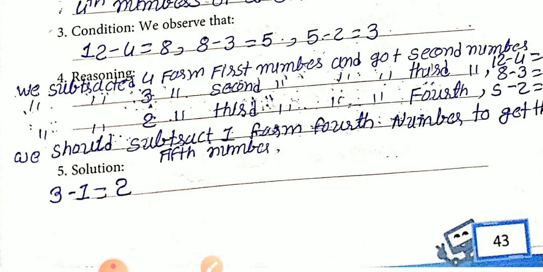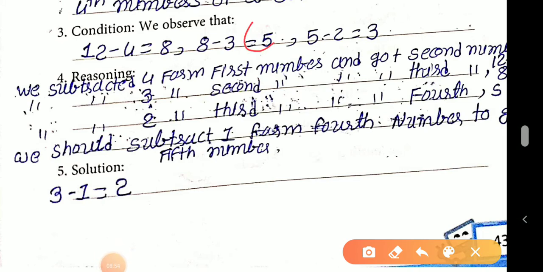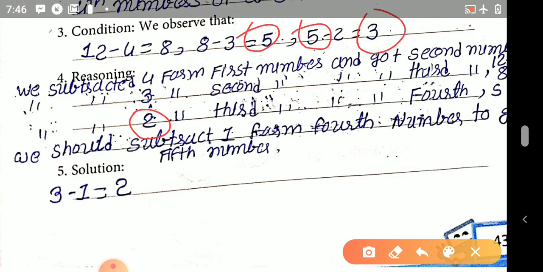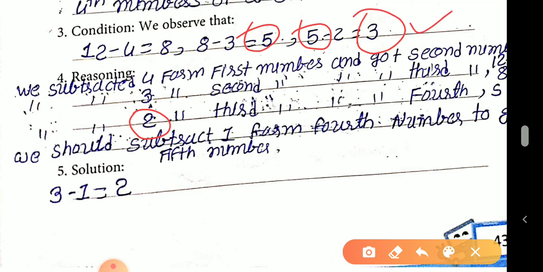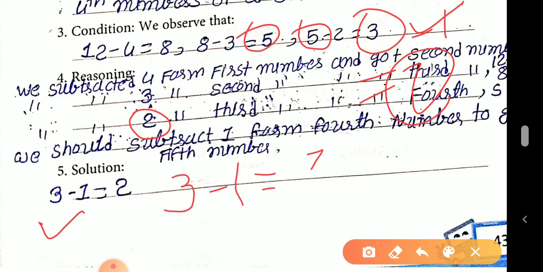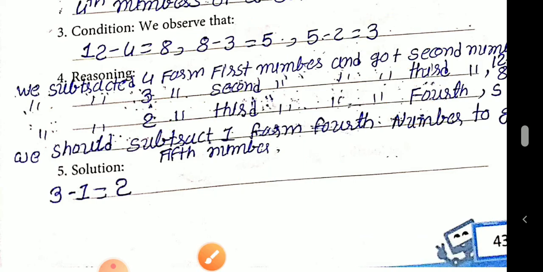So here your reasoning: we subtract 4 from the first number and got the second number. We subtract 3 from the second number and got the third number value. We subtract 2 from the third value and got the fourth value, 3. We subtract 1 from the fourth value and got 2. So here our solution is 3 minus 1 is equal to 2. Okay.